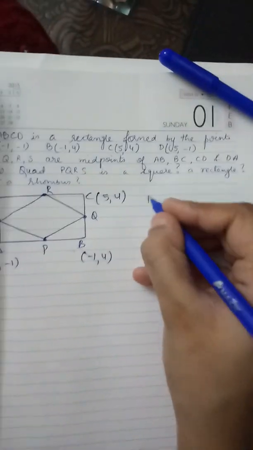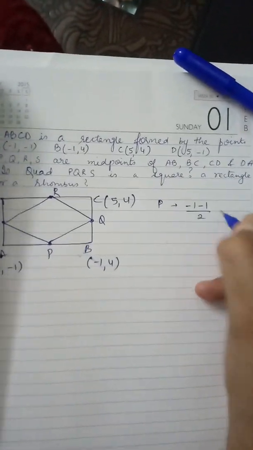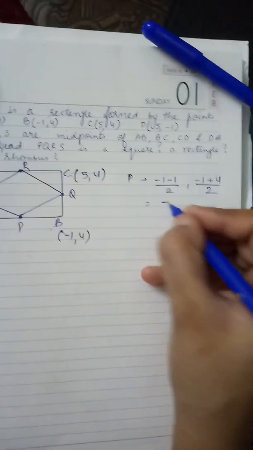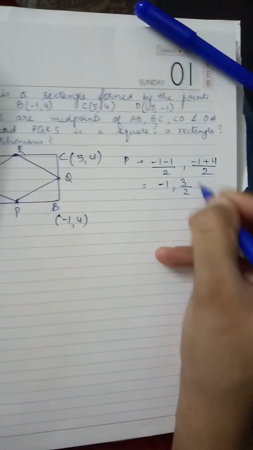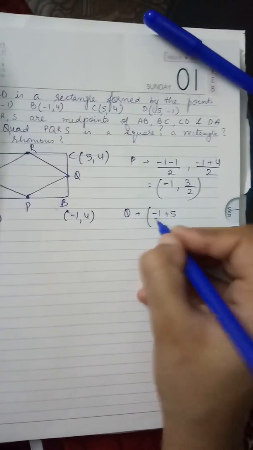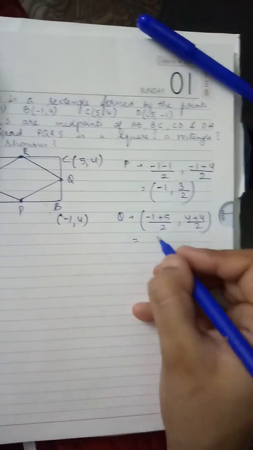First, the coordinates of point P by the section formula will be ((-1 plus -1)/2, (-1 plus 4)/2), which is (-2/2, 3/2) = (-1, 3/2). Now the coordinates of Q will be ((-1 plus 5)/2, (4 plus 4)/2). 4/2 is 2, 8/2 is 4.